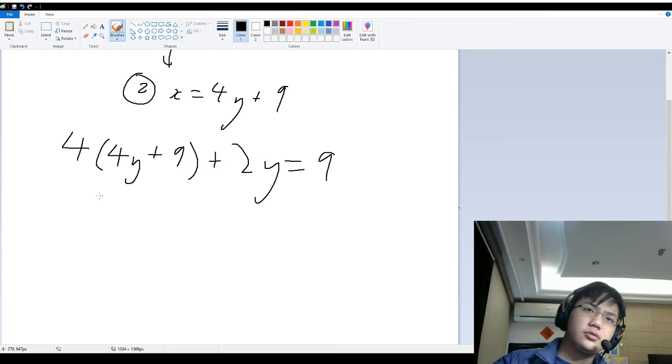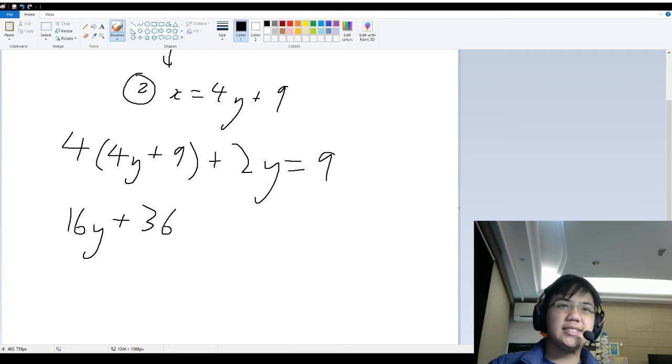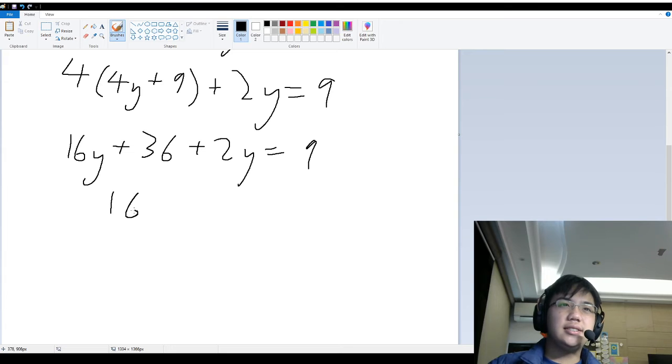Therefore, it can be rearranged as 16y plus 36 plus 2y equals 9, and 18y plus 36 equals 9.